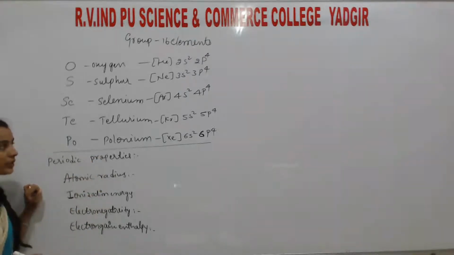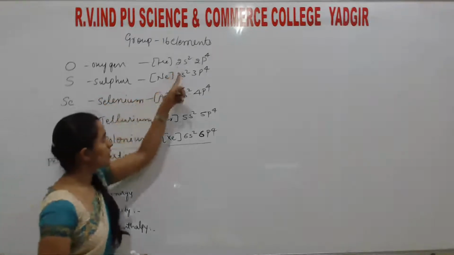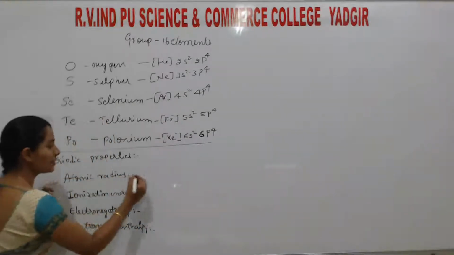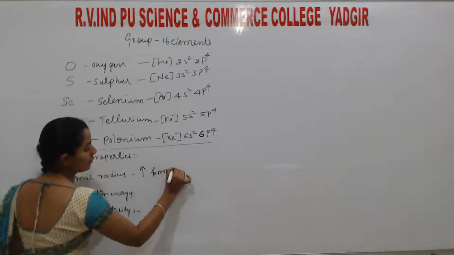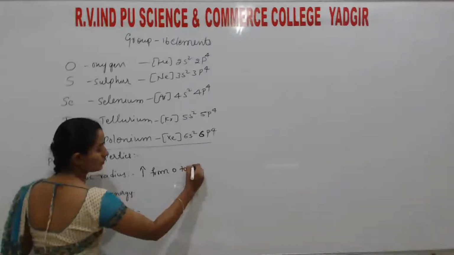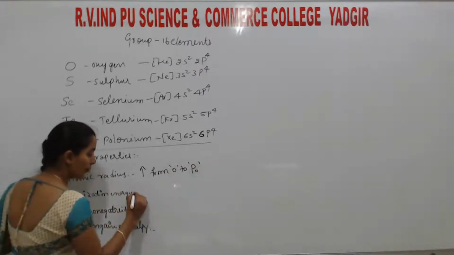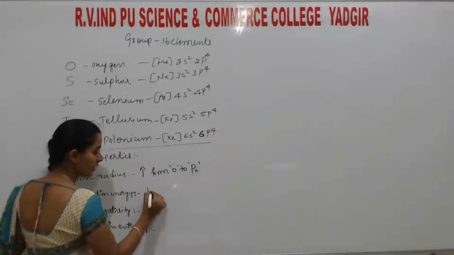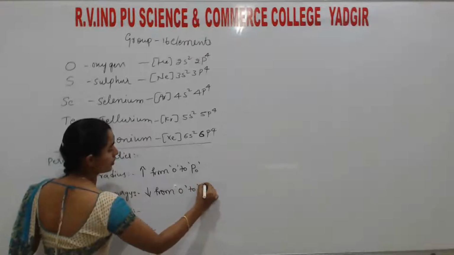So students, what is happening to atomic radius from oxygen to polonium? Listen, 2s, 3s, 4s, 5s, 6s means the number of shells goes on increasing. That means atomic radius increases from oxygen to polonium. Of course, if the size increases, the ionization energy obviously decreases from oxygen to polonium.